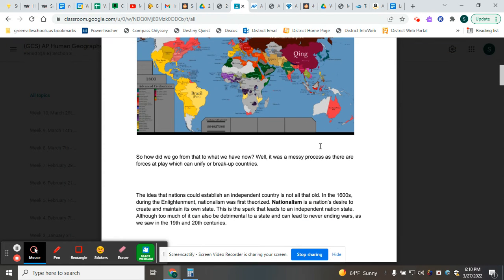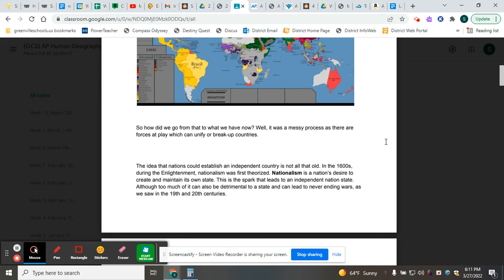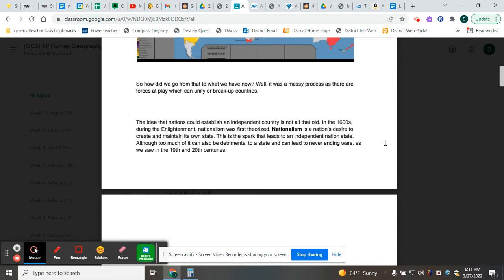Okay. So, how do we go from what that map was to what we have now? Well, it's been a process. Okay. Arguably a messy process. As there are forces at play which can unify and break up countries and have certainly done so over the decades.